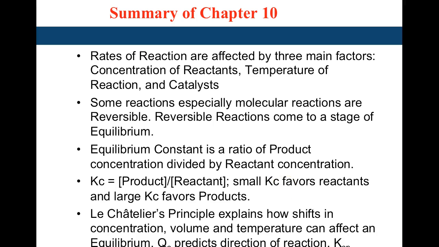If you have a large Kc, it favors products. Small means reactants. Le Chatelier's principle is about how the equilibrium shifts depending on what kind of constraint you added to the equilibrium: shifts in concentration, shifts in volume, or shifts in temperature.